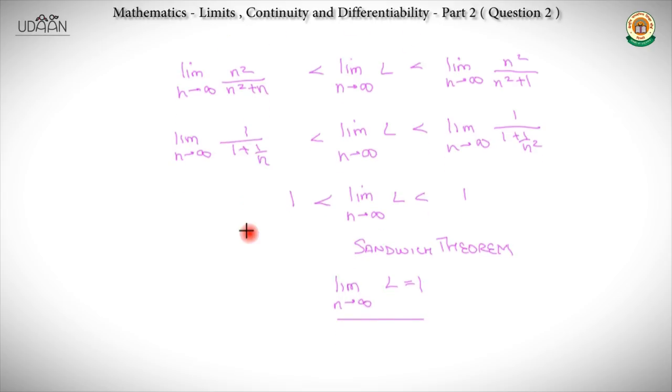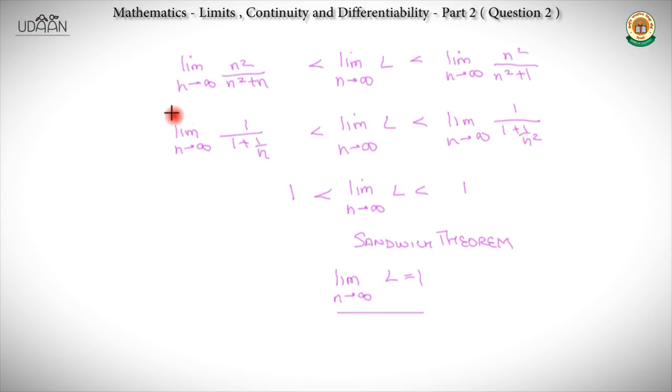So what we get is the limit as n tends to infinity of L is less than the limit as n tends to infinity of 1 upon 1 plus 1 by n square, and is greater than the limit as n tends to infinity of 1 upon 1 plus 1 by n. As n tends to infinity, 1 by n tends to 0. Now I apply the limit and I get that L lies from 1 to 1.